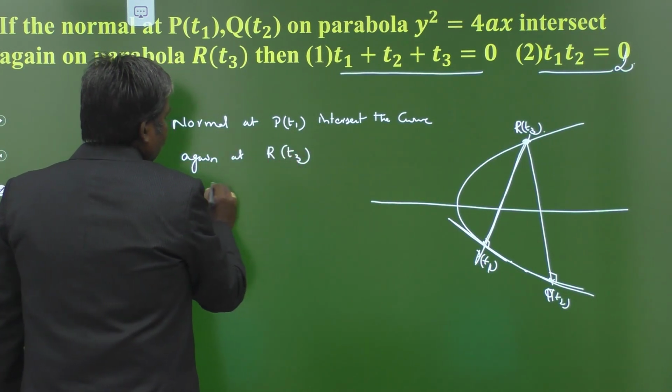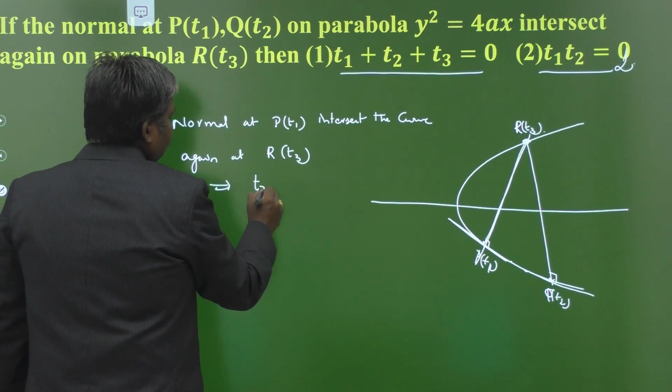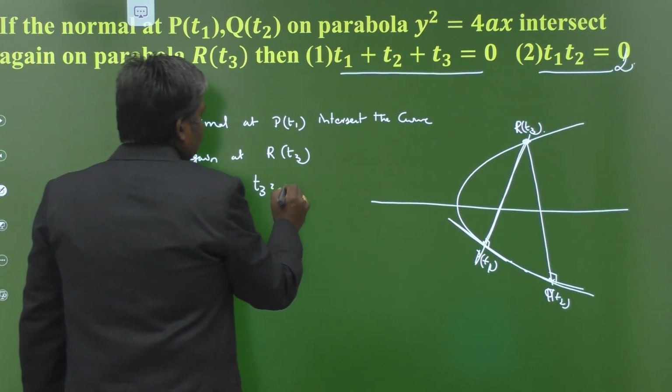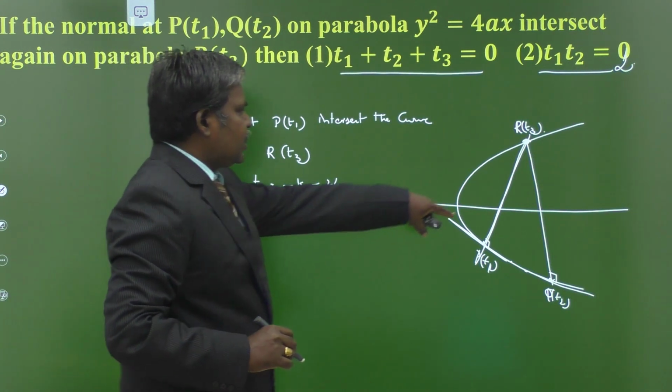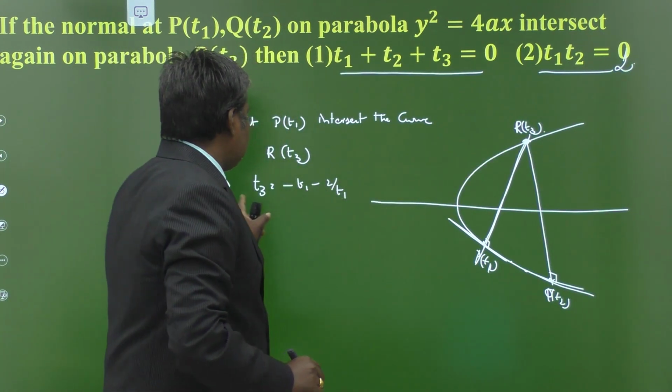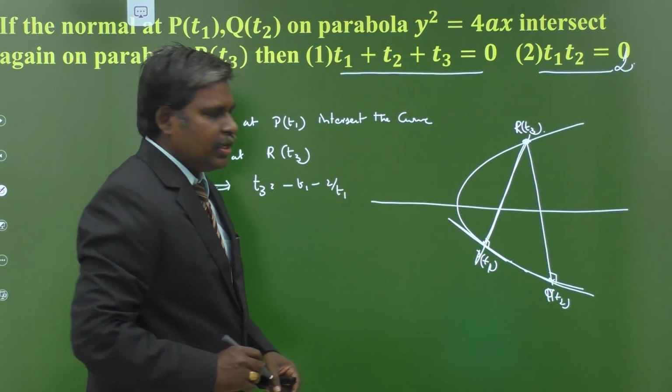So from the above result, what can you write? t3 is equal to minus t1 minus 2 by t1. Am I correct or not? Other extremity is what? t3. t3 is equal to minus t1 minus 2 by t1.